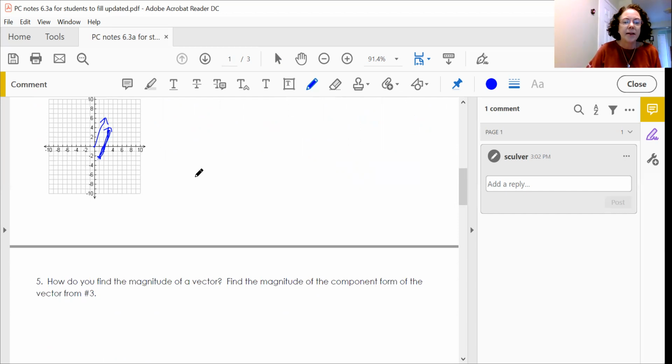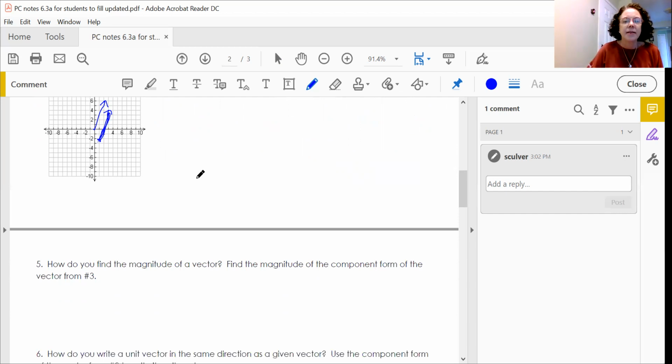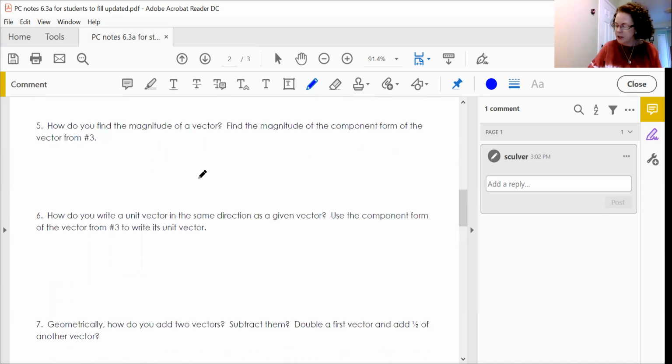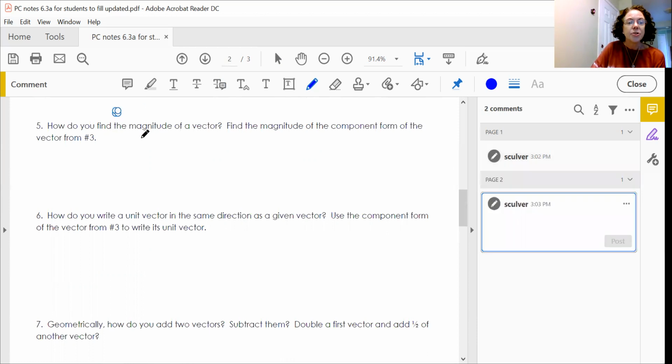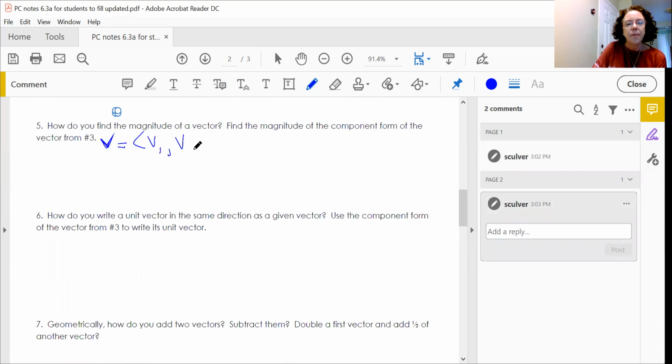Okay, let's go a little further. How do you find the magnitude of a vector then? Since we've been talking about it so much and it's an important part of its description. So find the magnitude of the component form of the vector from number 3. So the magnitude of a vector v. So here's our vector v, and ours was v1, v2, and our vector was 2, 6.